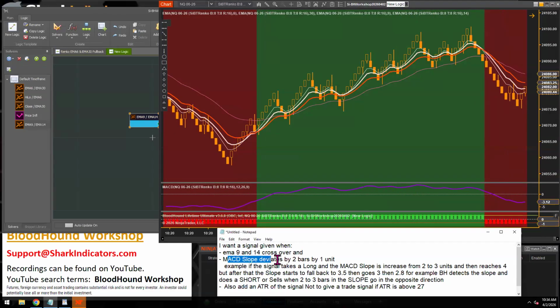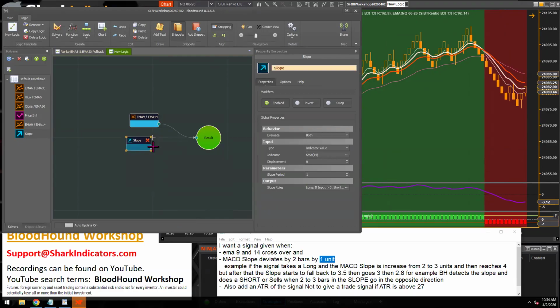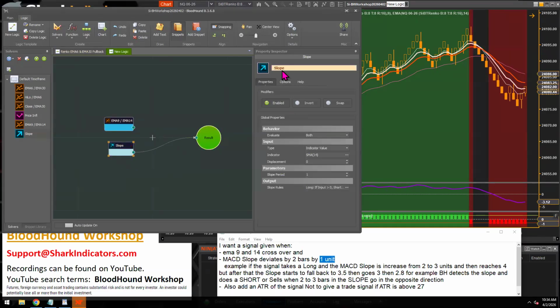All right, next one. We're going to check the slope of the MACD here and make sure that the slope has at least a 1 unit slope amount. Yep. So let's grab a slope solver. There we go. Slope solver. Connect that in. And let's give this a name.